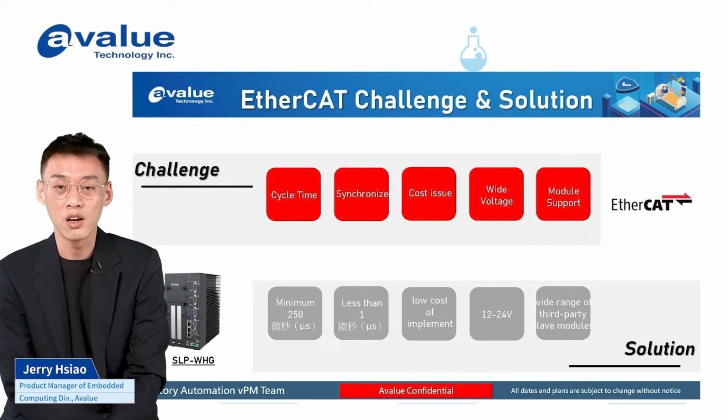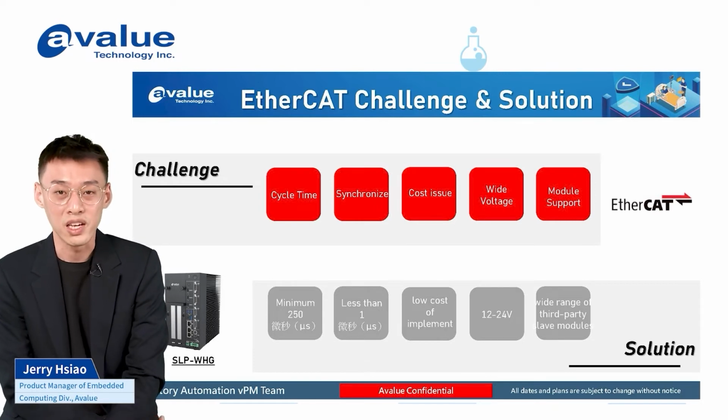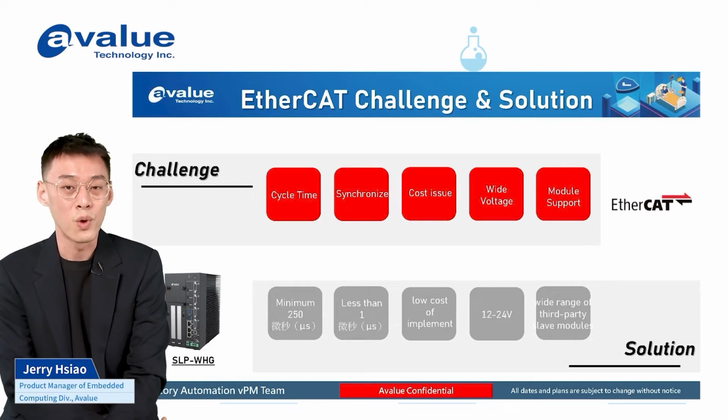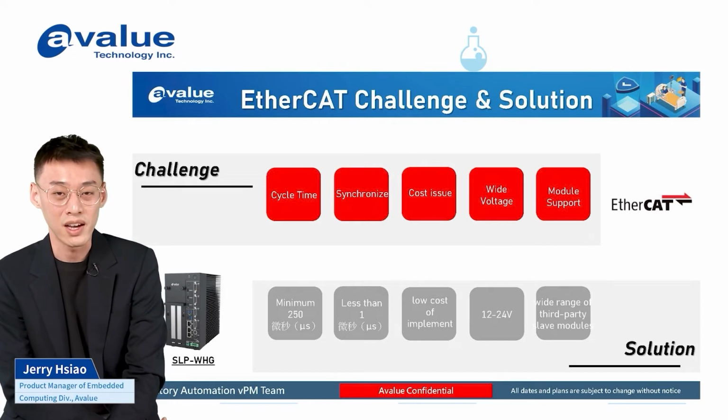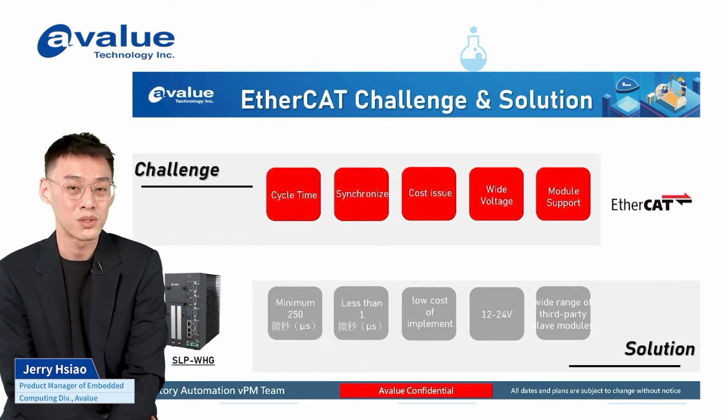Usually in automation, we have a harsh environment, which is not easy for indoor applications. So wide voltage and wide temperature are really serious considerations in the preliminary product spec. We offer at least 12 to 24 volts of wide voltage input in these box PC systems.